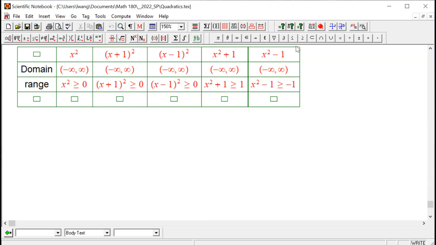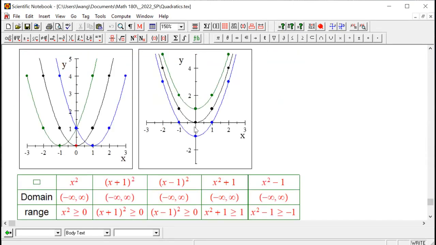You can see there are variations, and these variations are no surprise because we see the pictures here. The green, which is x squared plus 1, has its lowest point at 1, so it's at least 1. The blue has its lowest point at negative 1, so it's at least negative 1.